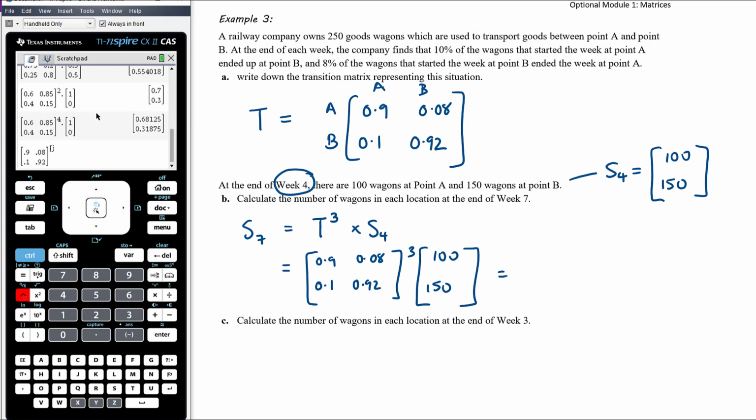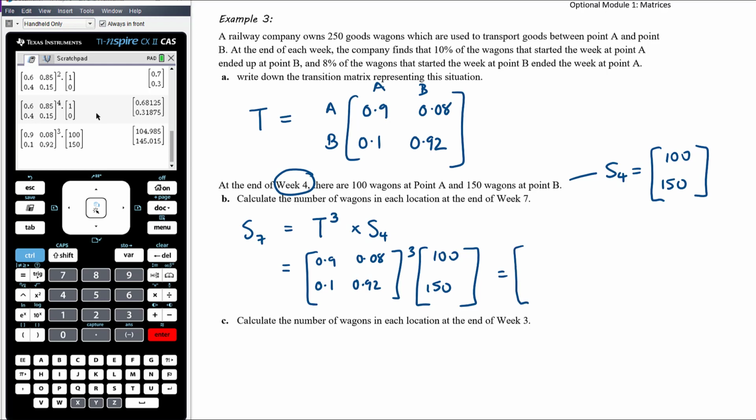Now we want the power of 3 and we're multiplying that by 100 and 150. And again we're talking about number of wagons, so they need to be whole numbers. That is 105 to the nearest whole number and 145 to the nearest whole number.